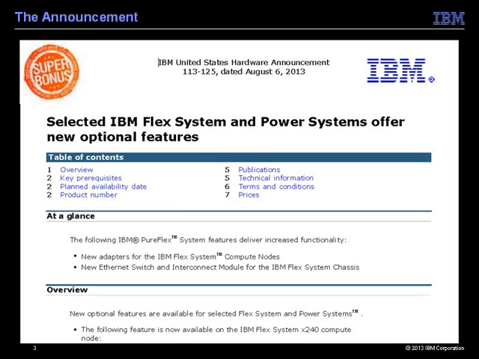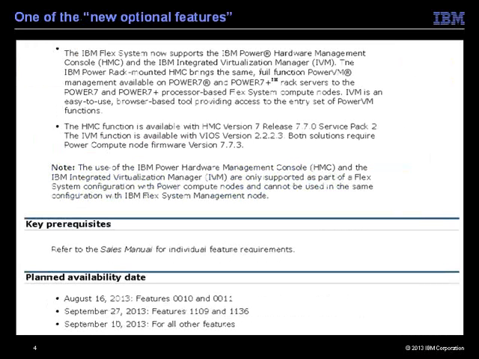And then the at-a-glance section talks about a new adapter and a new switch. It doesn't mention HMC, but if you skip forward about 15 pages, down some bullets, after the lawyers get all their credits and everything, there are some notes in there that say we can now HMC or IVM manage Power compute nodes in a Flex System environment.